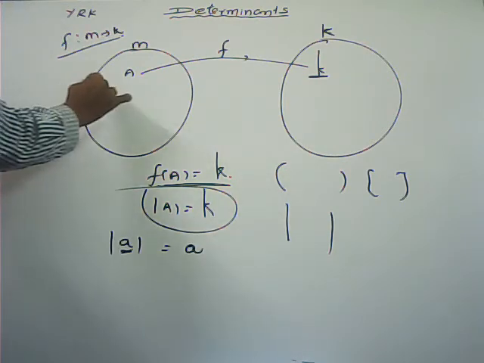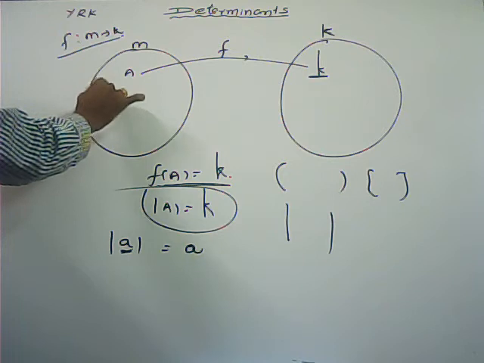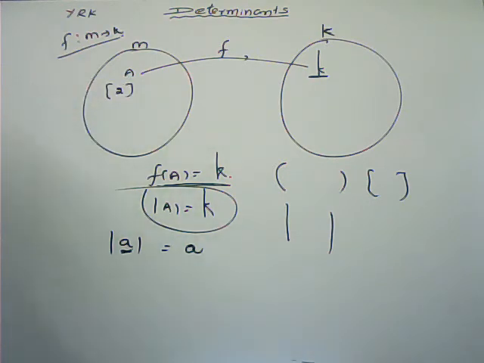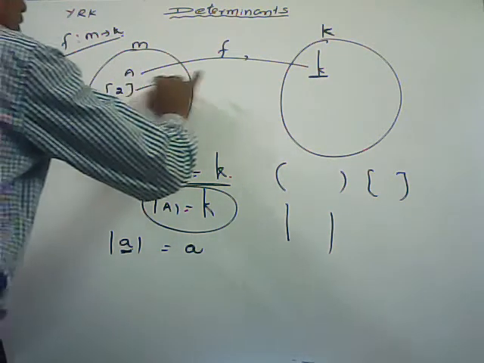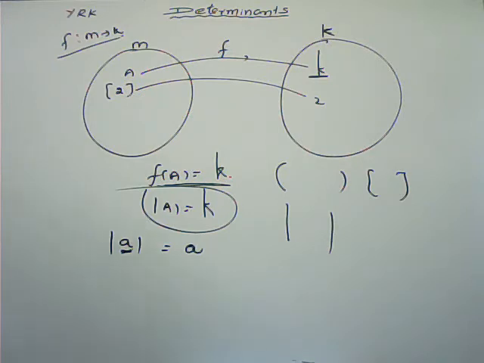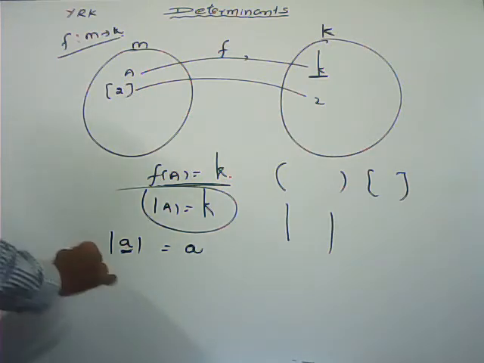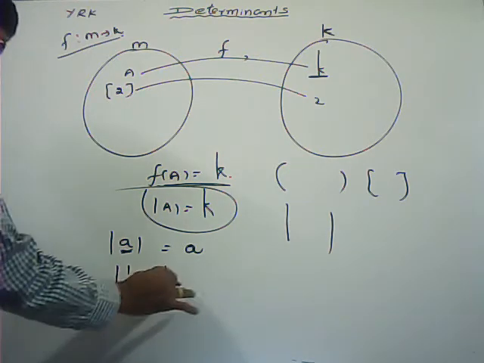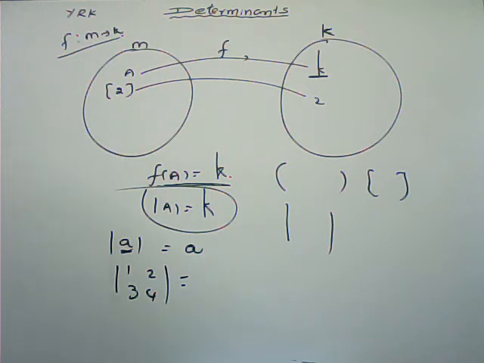For example, if I take the 1 by 1 square matrix 2, its determinant is equal to 2 only. Now, if I take the matrix 1, 2, 3, 4, what is the determinant of a 2 by 2 square matrix?